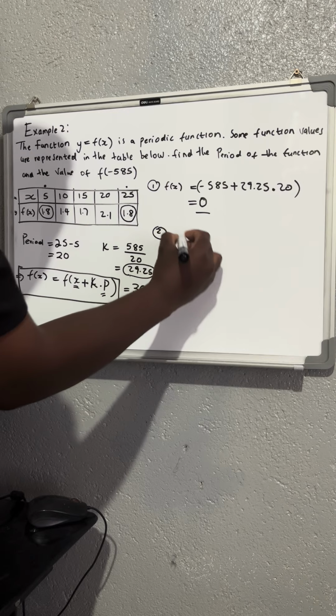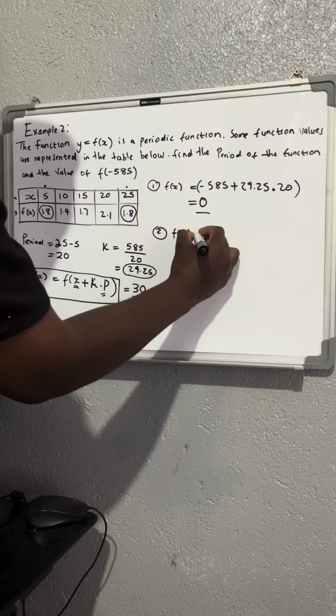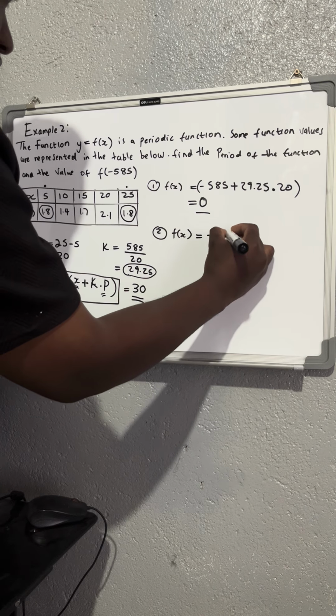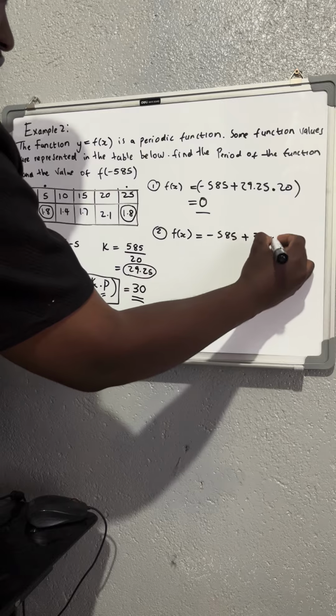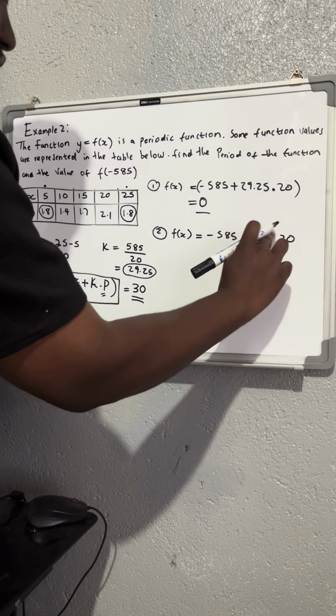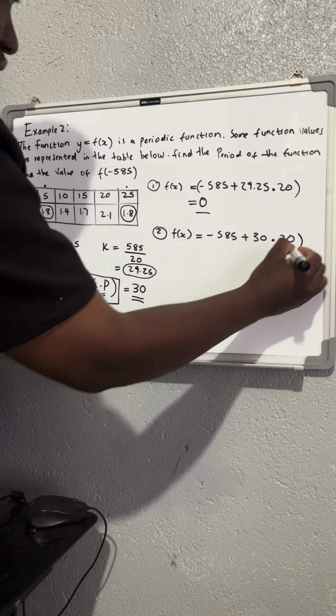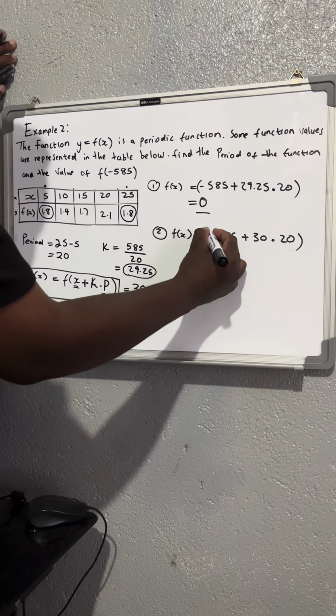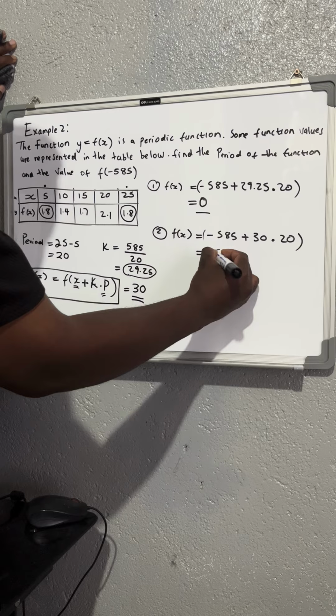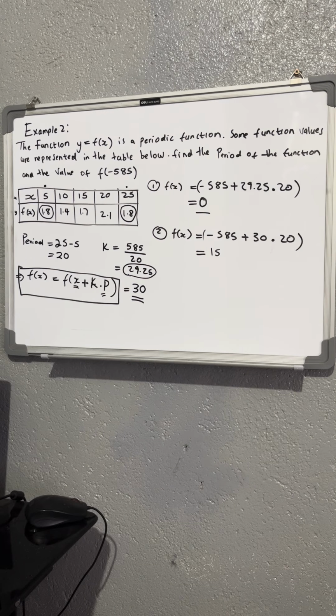The second time, you still say f of x is equal to minus 585 plus your 30 multiplied by your 20. Even if you use a dot, it's fine. And now, what are you going to get? You're going to get 15.